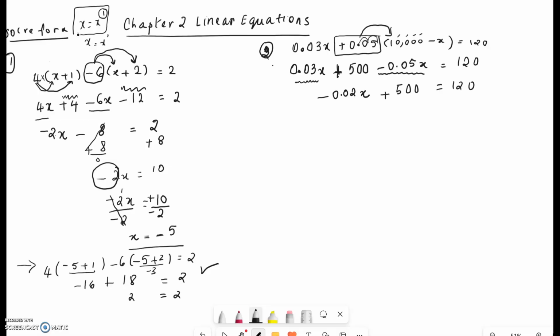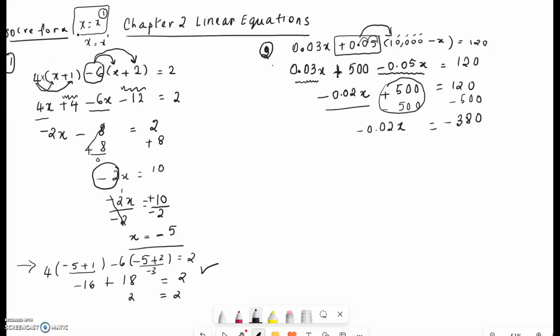Let's get rid of the 500 first by subtraction on both sides. So negative 500, and this is negative 0.02x, and that becomes a 0. So that's equal to 120 minus 500 is negative 380.